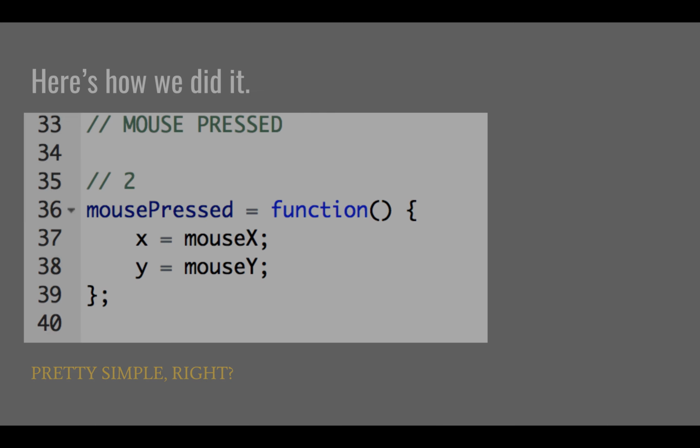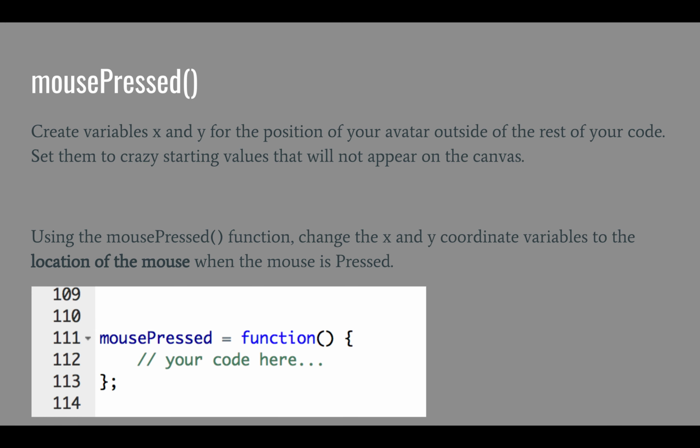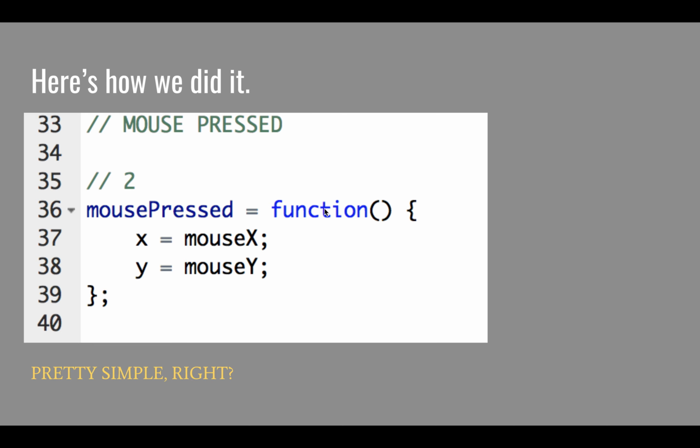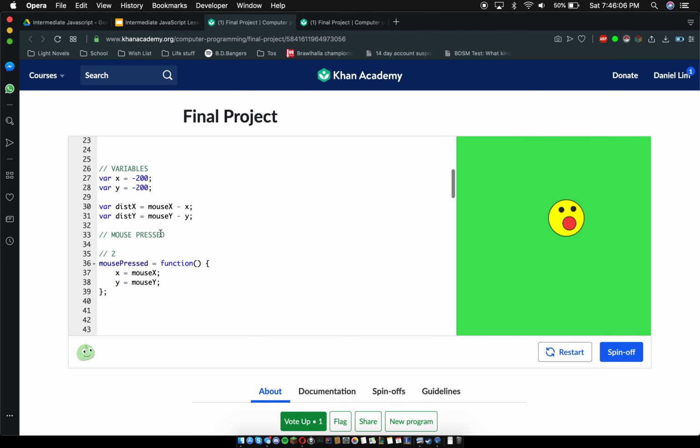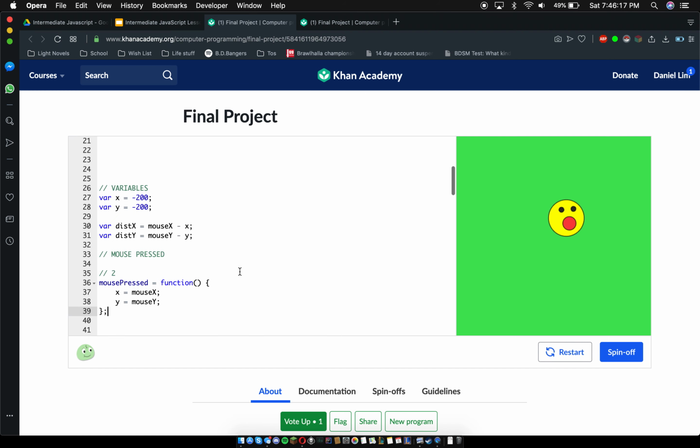And so, you're going to do that now. You're going to make your avatar, and you're going to write this code, all right? And so, in the end, you're going to need these variables, so you can just put them in, and then you need to make your own Winston, all right?